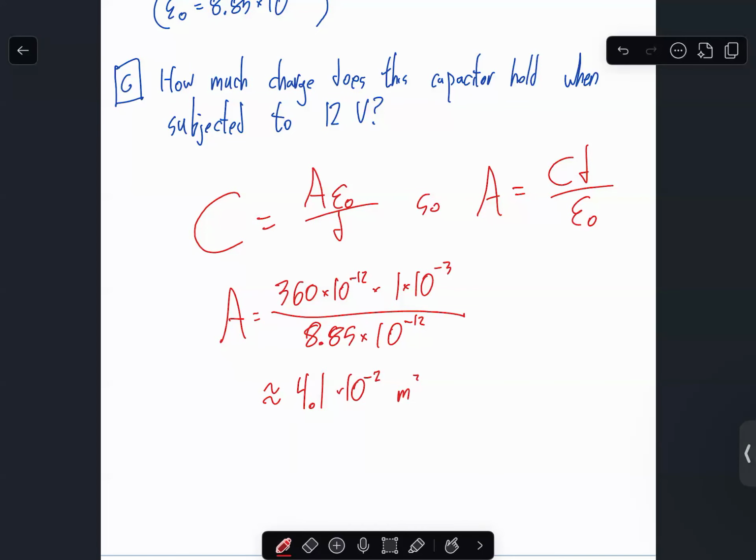I have not been making a big deal about this, but please, I think that it will actually behoove you, given how many different quantities we've got, to always put the units. Whenever I ask you a numerical physical quantity, number, space, units. That'll also help me track whether you're thinking about what you found and what it means.